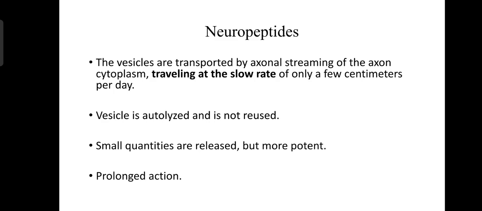The transmission from the soma of the neurons, the cell bodies, to the axon terminals is at a slow rate for these neuropeptides, and they are not recycled in the presynaptic terminals, but they will be autolyzed and not reused. The quantities, as we said, are small, but more potent, and the action is more prolonged because it mainly acts through the second messenger system.